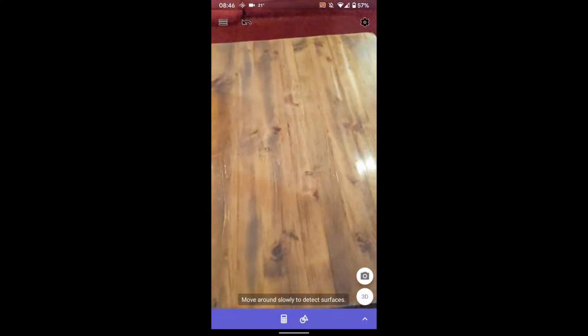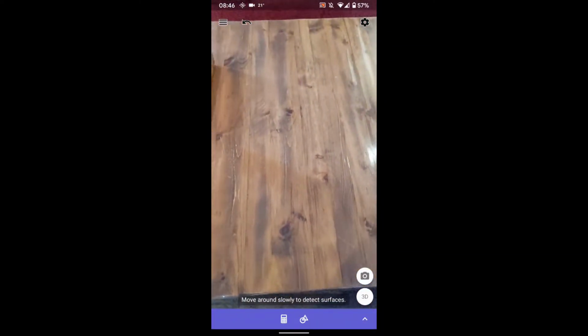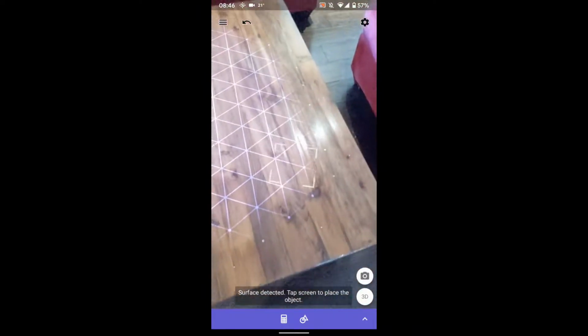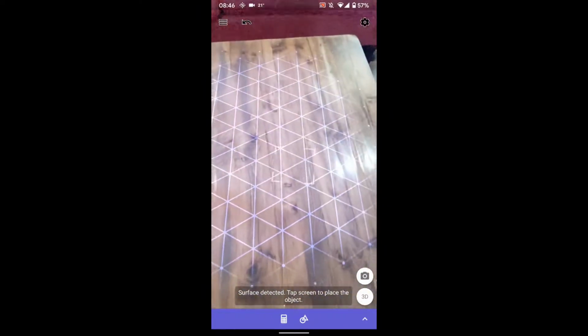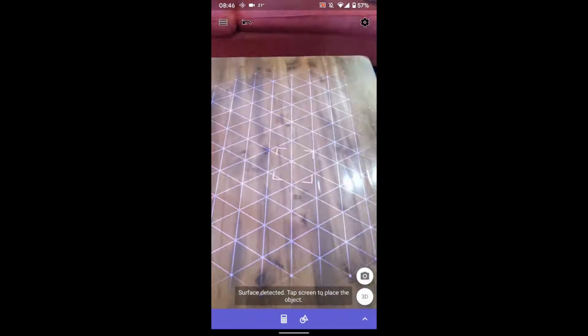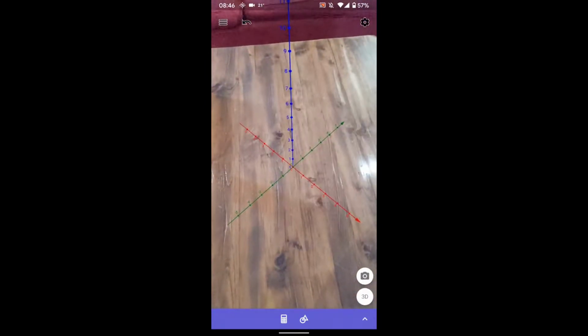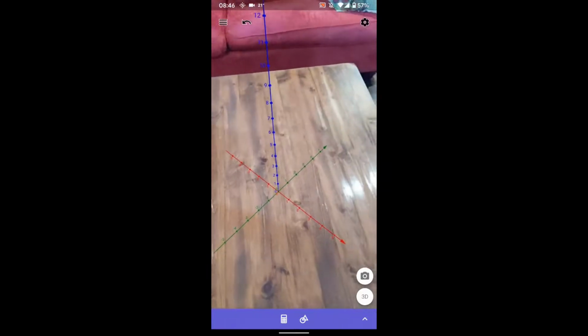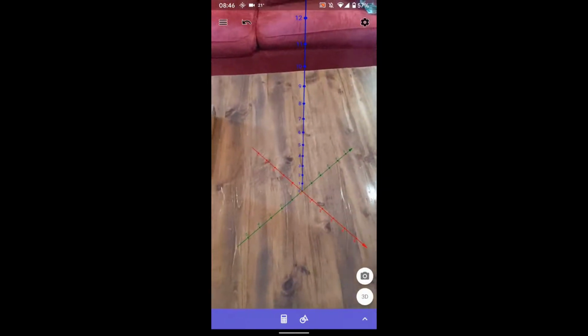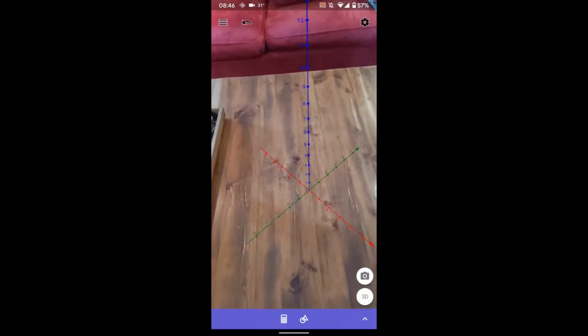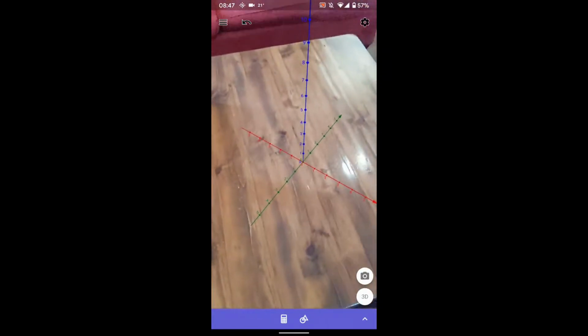So let's watch. The first thing that I'm going to do is move the phone around, and notice how it's detecting the surface of this table, and when I touch the screen, it will put whatever I have graphed, which right now is nothing, so it's just axes, but it's put them on the table.